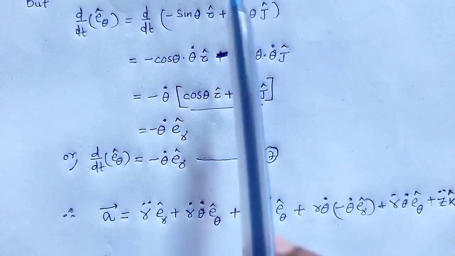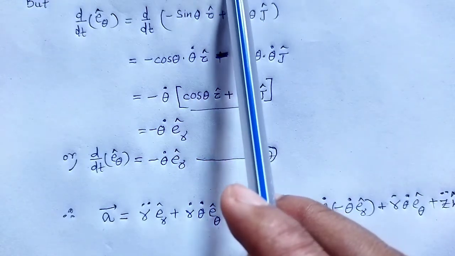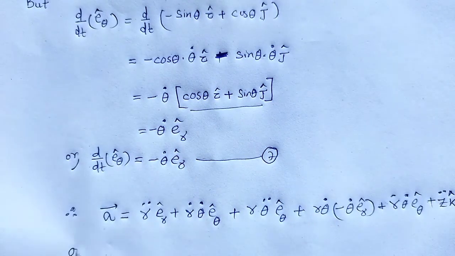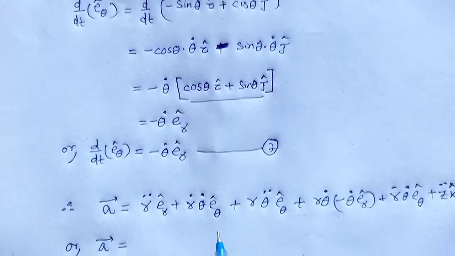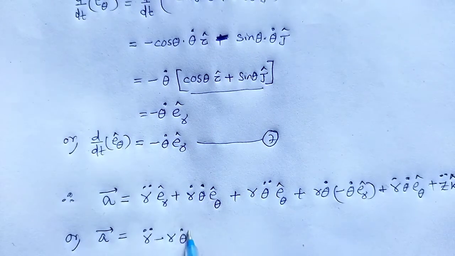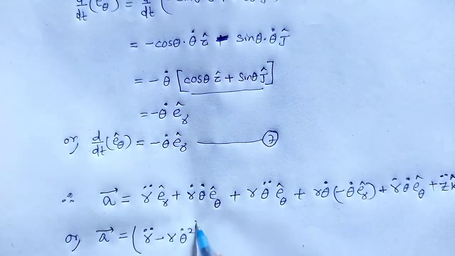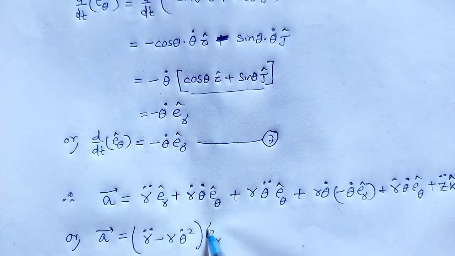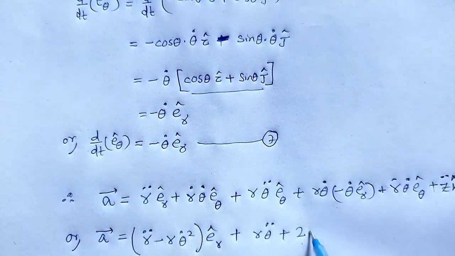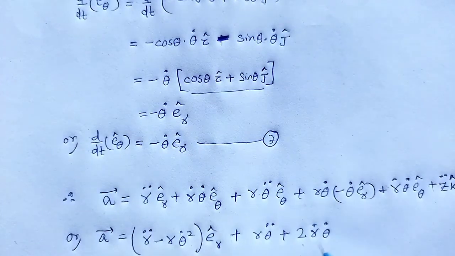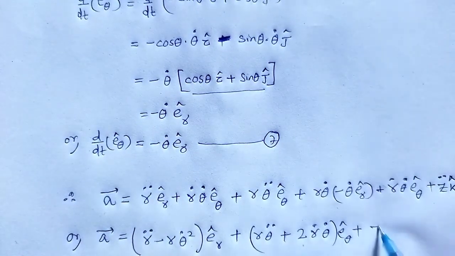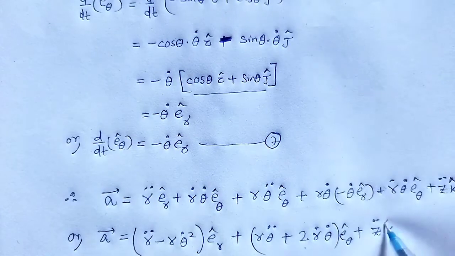Simplifying this, we put the values of the derivative of e r cap with respect to dt and the derivative of e theta cap with respect to dt in that equation, or a vector is equal to r double dot minus r theta dot square, that is e r cap, plus r theta double dot plus 2 r dot theta dot e theta cap plus z double dot k cap.